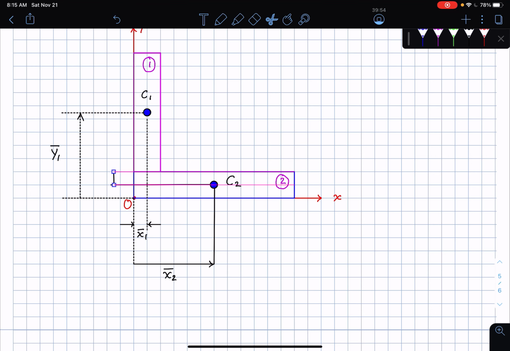I'm going to make sure that these are straight, or as straight as they can be. Sometimes they give me trouble. So that is going to be y2 bar. And dotted lines, of course.